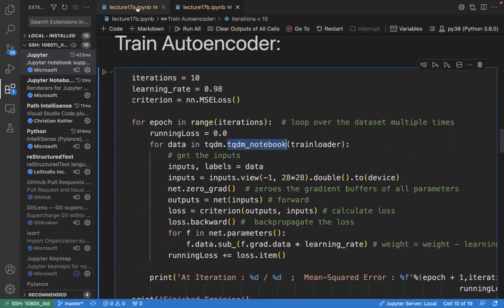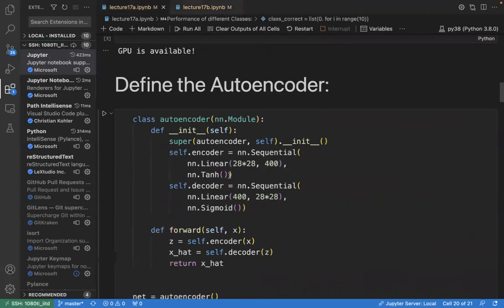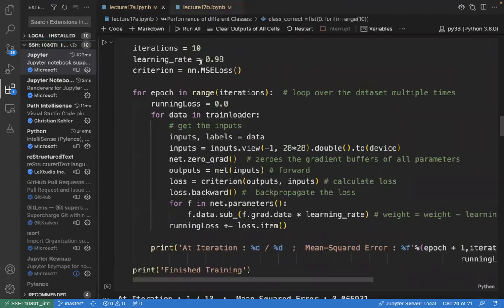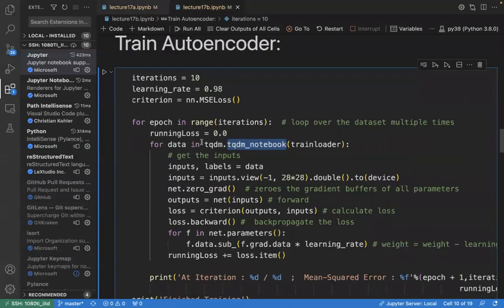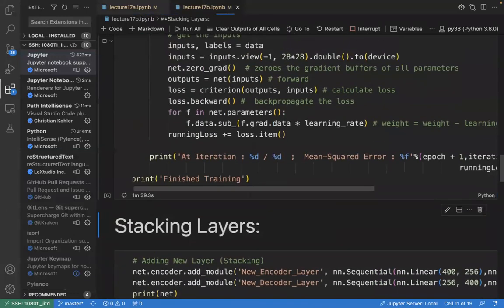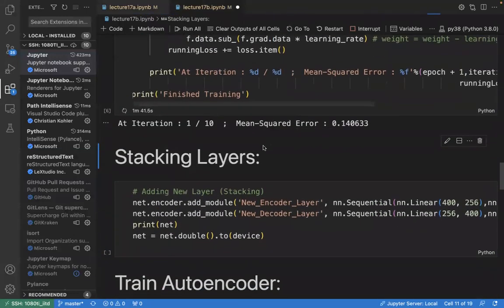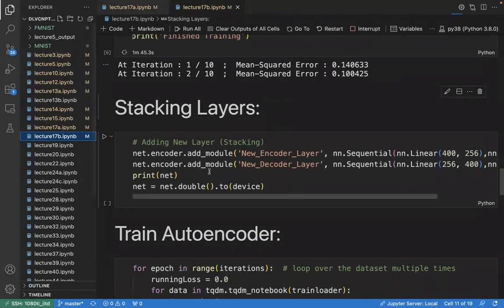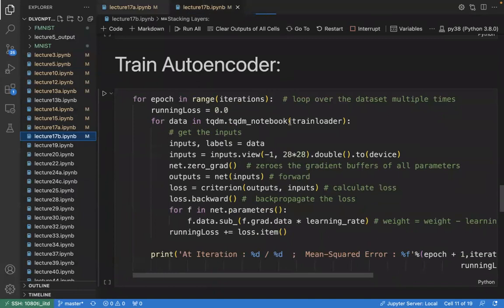What you can do is replace this TQDM with a normal progress. It started running here also.